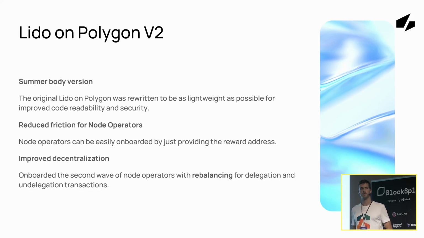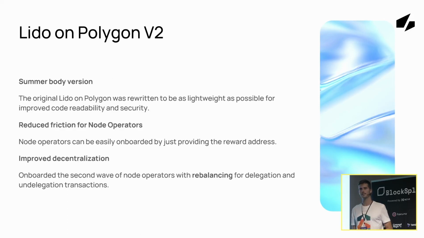In Lido on Polygon version 2, that is no longer required. If you apply, if you get onboarded, you just need to provide the address where you want to receive rewards, and that's it. All the operations, all the stuff that you want to do, they stay the same as they were before you joined Lido on Polygon. You're just contributing to the protocol and getting more delegations.